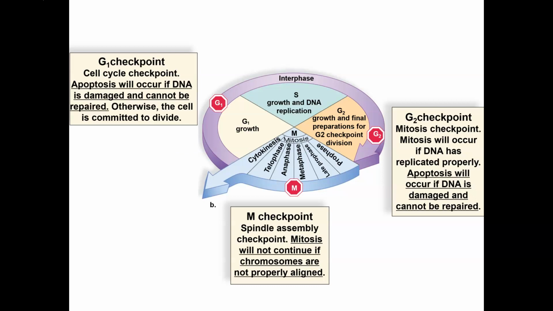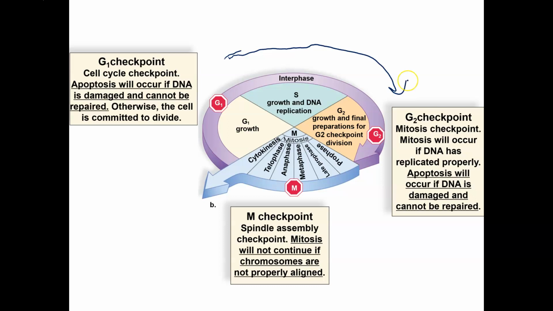Okay, if anything is wrong with that cell, if there is a mutation in the DNA, if the cell is not growing properly, then the cell is going to undergo apoptosis. Once that checkpoint has been completed, then they go through S and DNA is replicated.